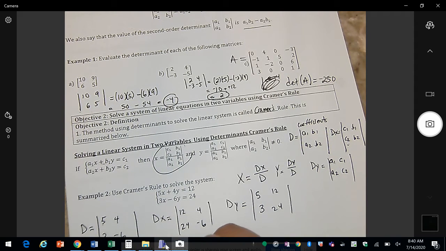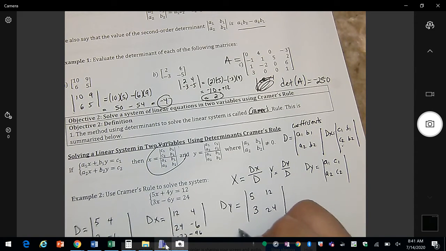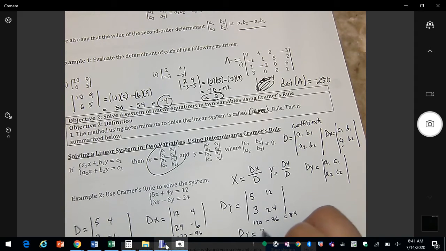And then dx is equal to 12 times negative 6, which is negative 72, minus 96. Negative 72 minus 96 is negative 168. And then dy is 24 times 5, which is 120, minus 12 times 3, which is 36. So that comes out to 84.